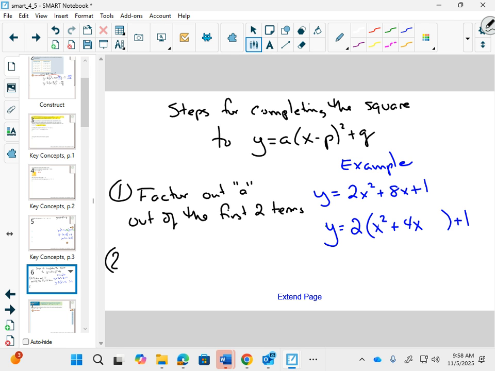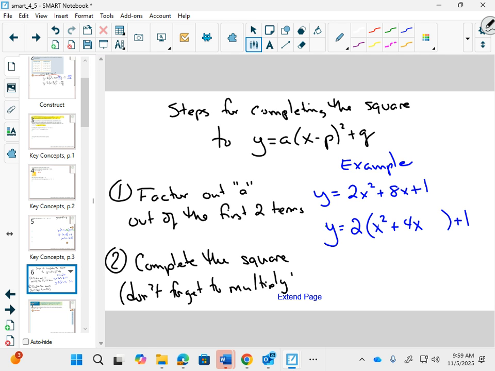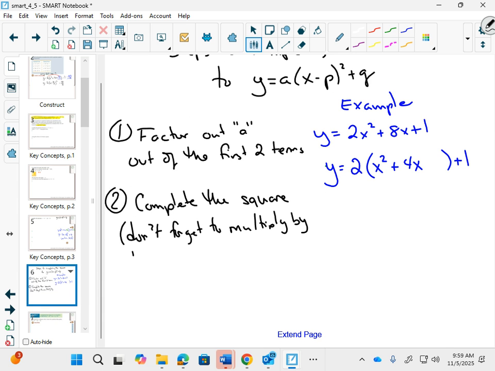Step 2, complete the square. So what does it mean to complete the square here? Well, we want this, A is going to be 2.